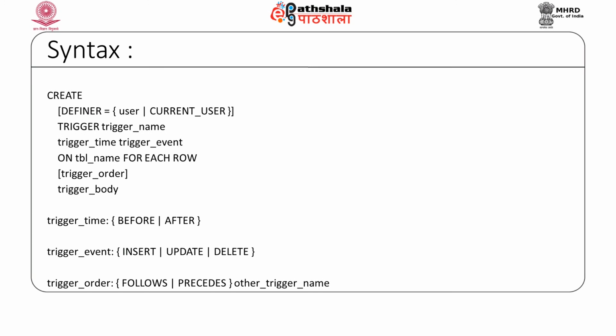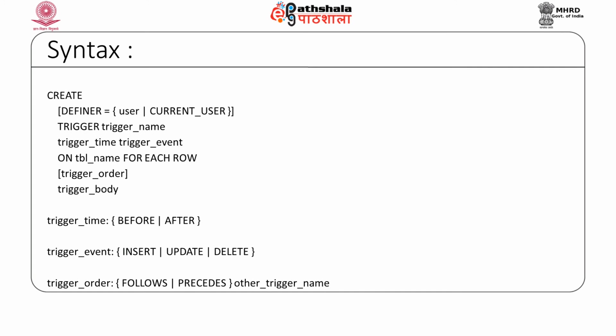When I give the trigger name, the two important events associated with a trigger are the trigger time and the trigger event. Trigger time has two broad categories, before and after. If I am writing a before event, the actions will be before any DML statement is executed. If I am writing an after event, it will be after the DML statement is executed.